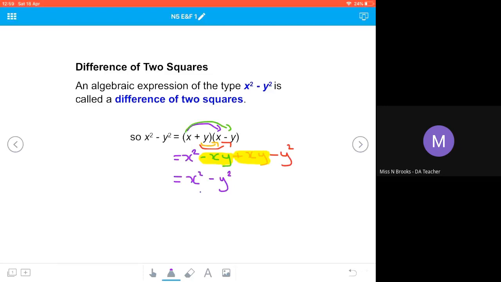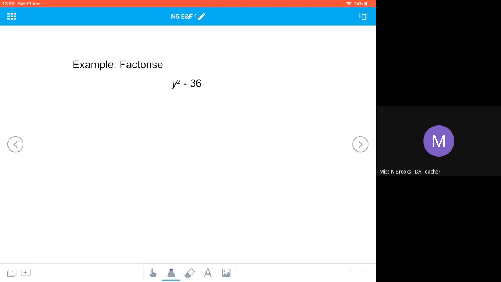So let's have a look at an example. We're going to factorize y squared minus 36. So we've got two terms, there's no highest common factor, we've got two perfect squares separated by a subtraction sign, so we know that means it's the difference of two squares.